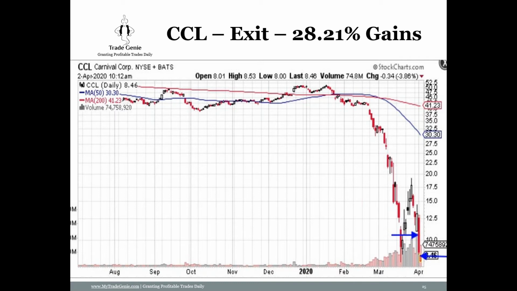Somebody bought. It's not me and you. Somebody bought and moved the stock all the way to the top here to 17.50. You see, from $8 to 17.50, it's like double, 100% gain. So we got out right there when it was touching the previous low. So we made 28% the very next day.